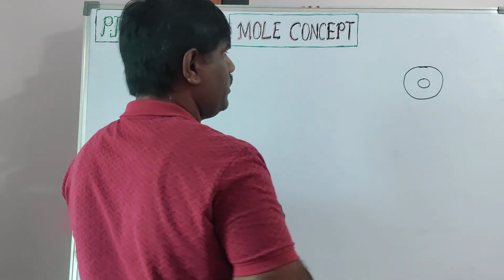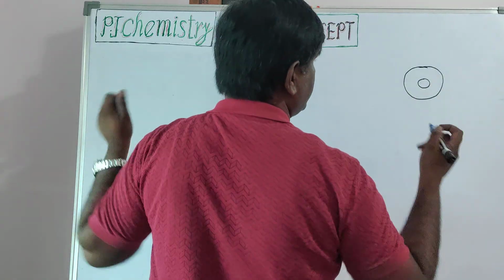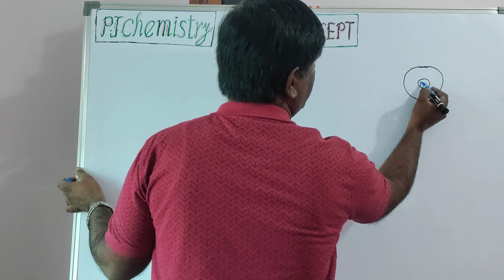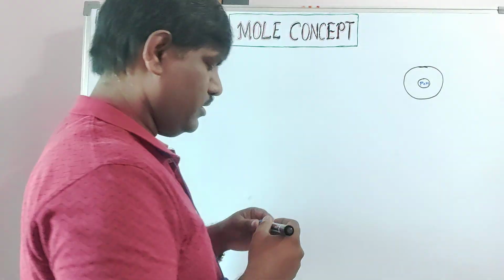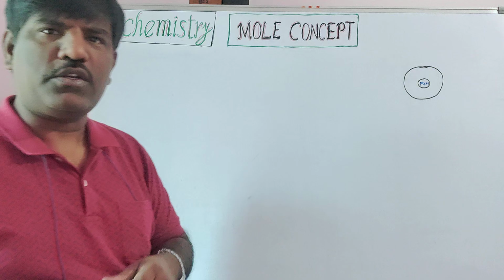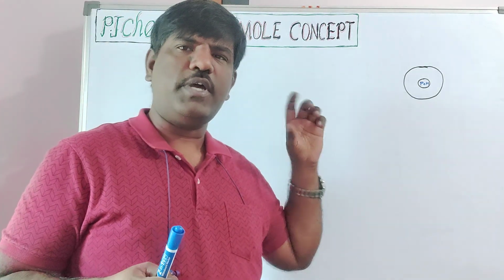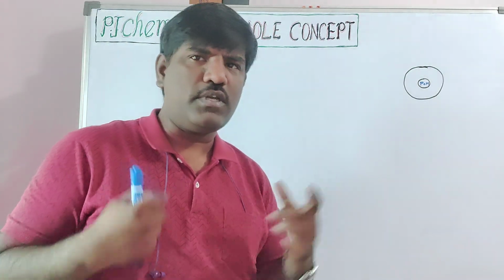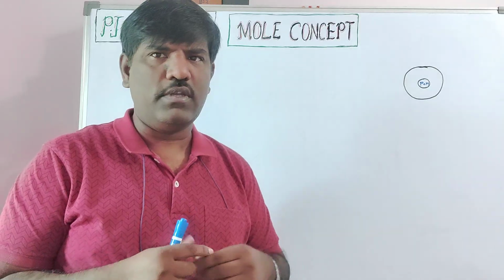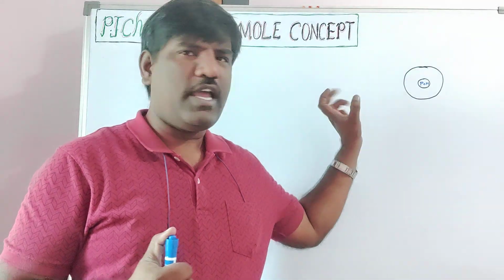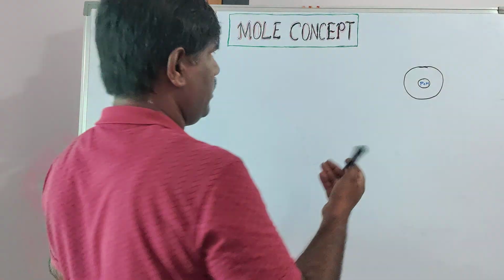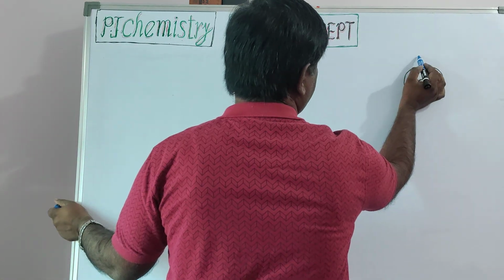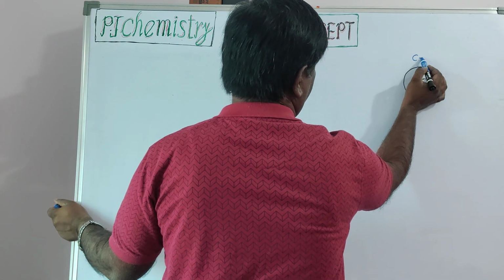In the nucleus, both protons and neutrons are present. So here the total mass of an atom depends upon the nucleus. The nucleus contains protons and neutrons. For example, consider this element as carbon. I am taking carbon because carbon is the reference element for the mole concept.